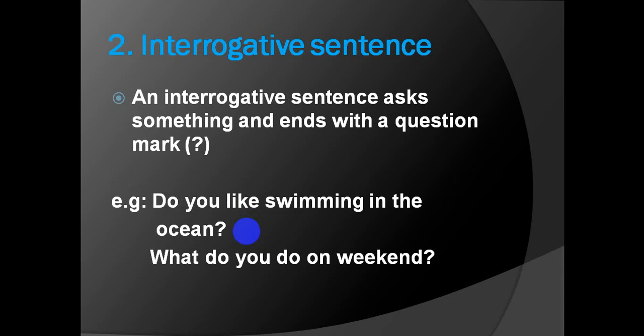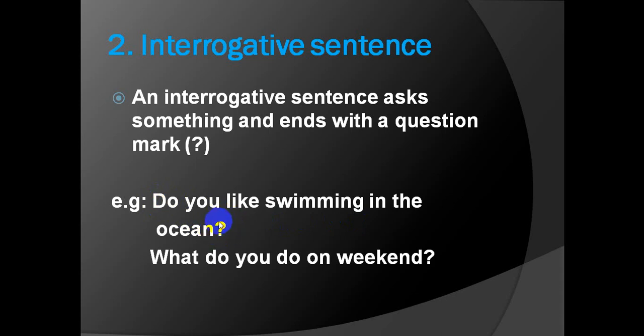An interrogative sentence asks something and ends with a question mark. Here is the example: Do you like swimming in the ocean? What do you do on weekends? Again, you may notice here this interrogative sentence starts with a capital letter and ends with a question mark.